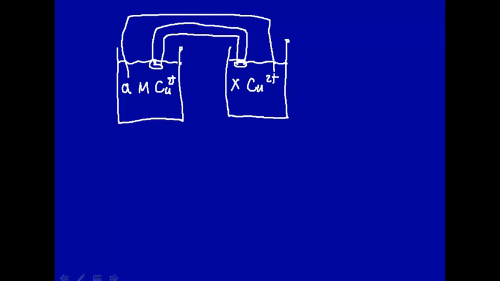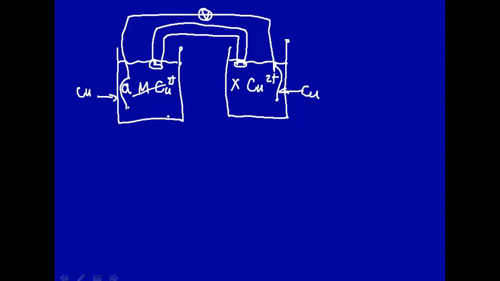Let's use copper, for example, at a known concentration, say A molar copper 2+. And here, we don't know what the copper 2+ concentration is. And here we're going to have a voltmeter, and these are electrodes, and we'll make these solid copper electrodes.